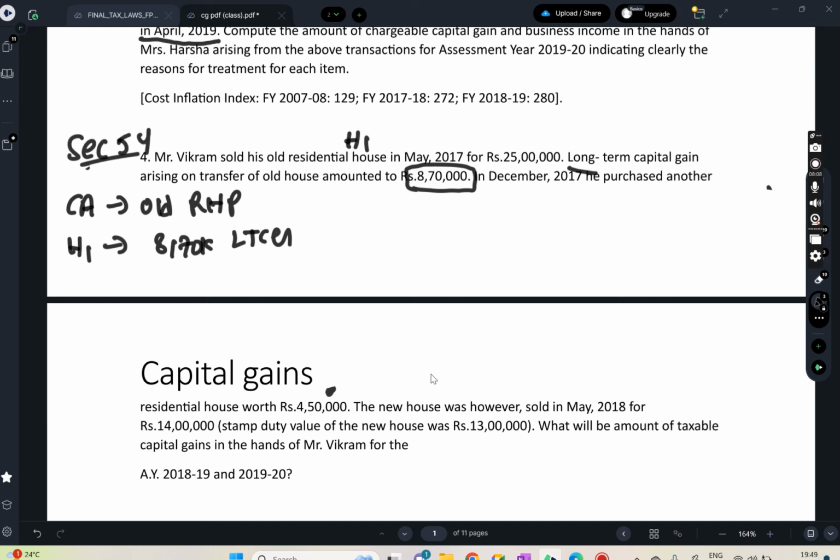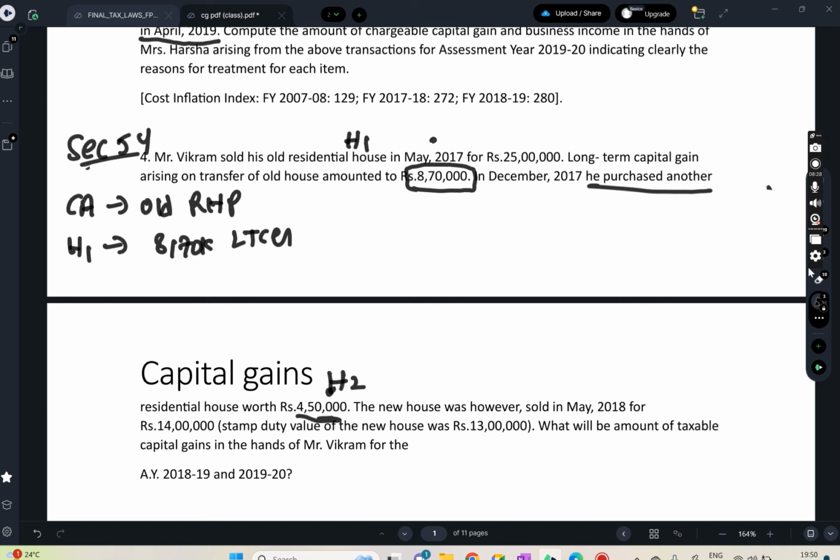Then in December 2017 he purchased another residential house worth 4,50,000. Let's call this H2. In which year did you get the LTCG?